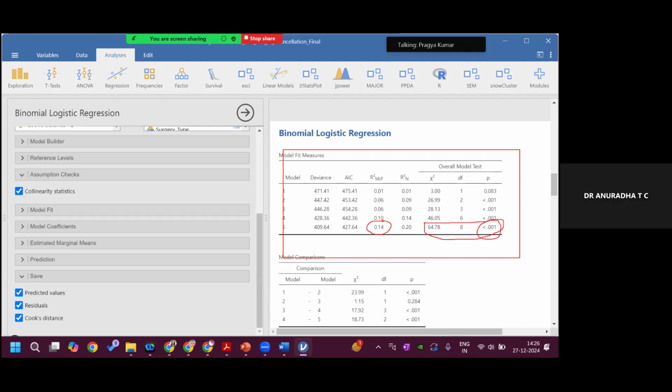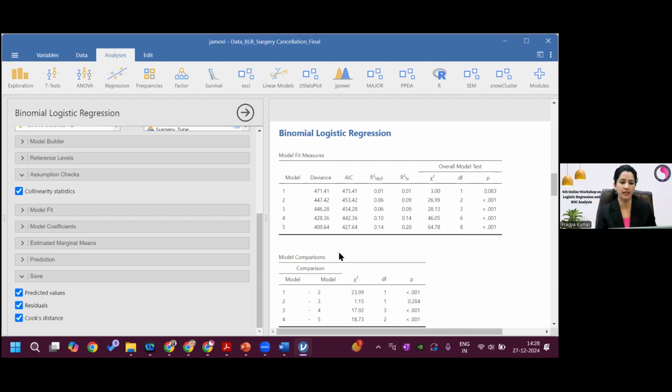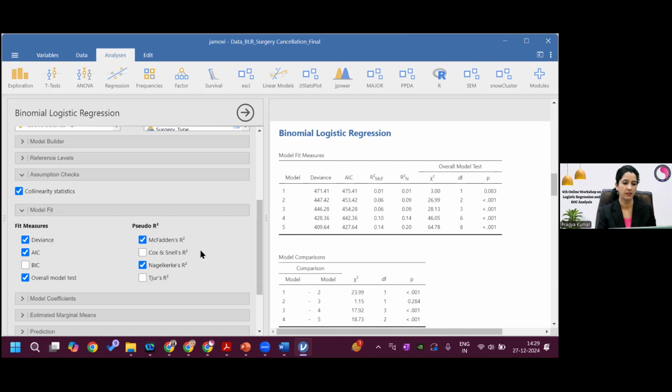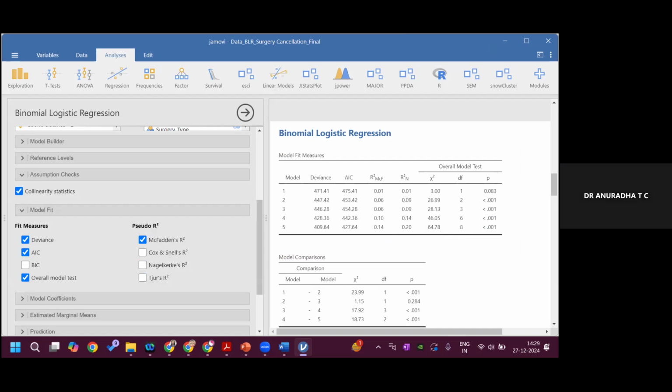And yesterday we talked about how to put the correct R square type. You asked which R square we use. Am I audible? Yeah, you are audible. Can you repeat it again?